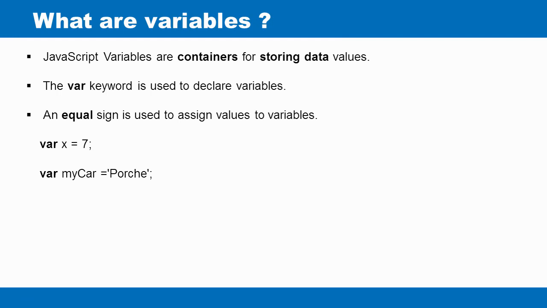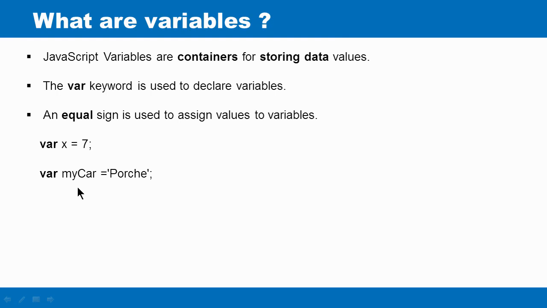You can also declare variables without assigning them a value. When you declare a variable without a value, it is known as undefined. Once you have declared a variable, you can change its value. For example, here I've already defined a variable called my car.